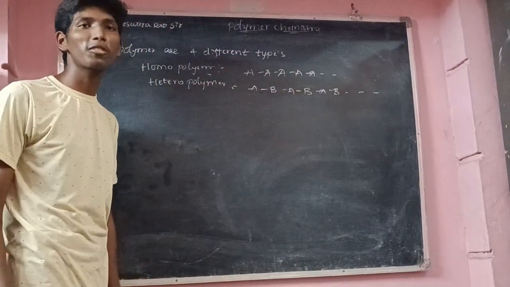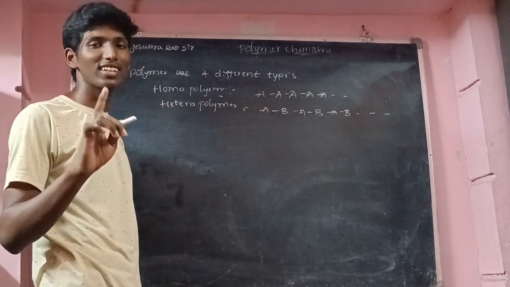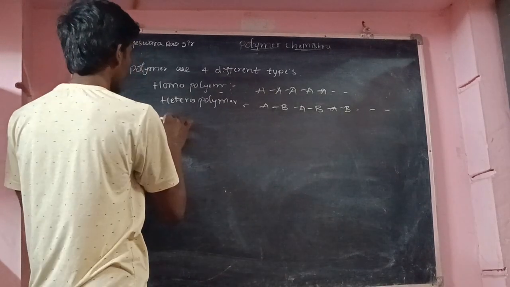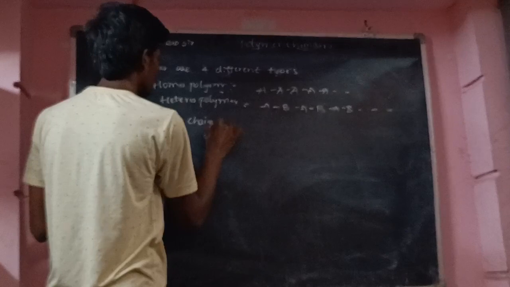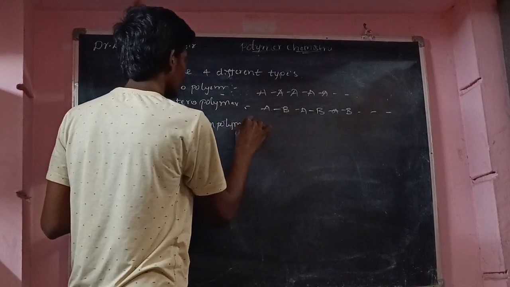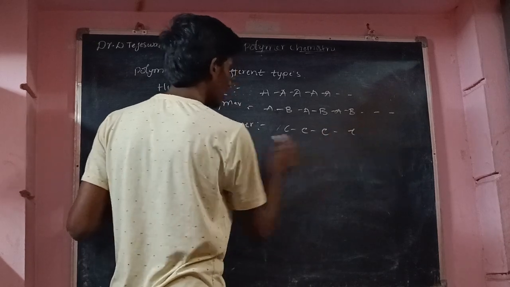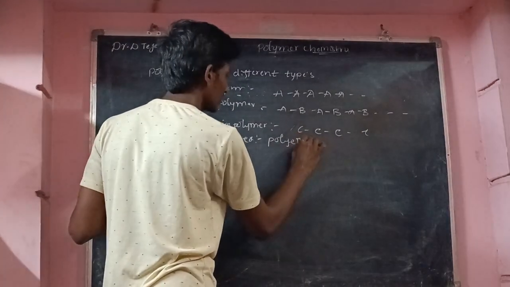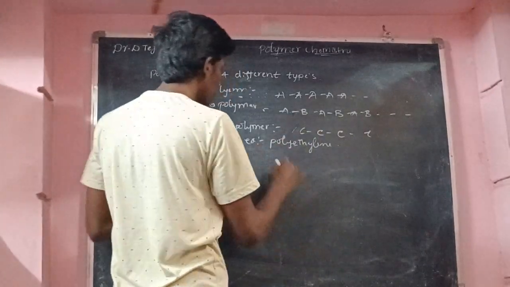In a homochain polymer, the main chain consists of only a single type of atom, like carbon. For example, polyethylene, PVC.